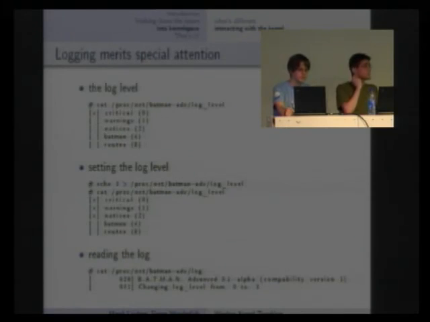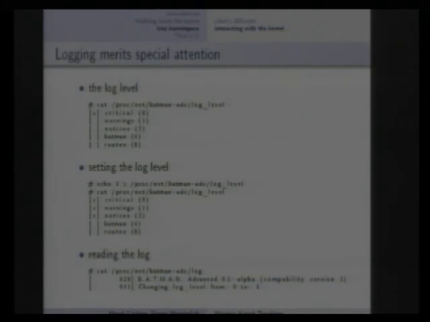So the logging is a bit special, because in our user space implementation we had a nice Unix socket where you could connect to the various log levels. It's not so easy in the kernel space, but we provided a log level file where you can change the logging. It's similar to what you know about Linux file system access rights management.